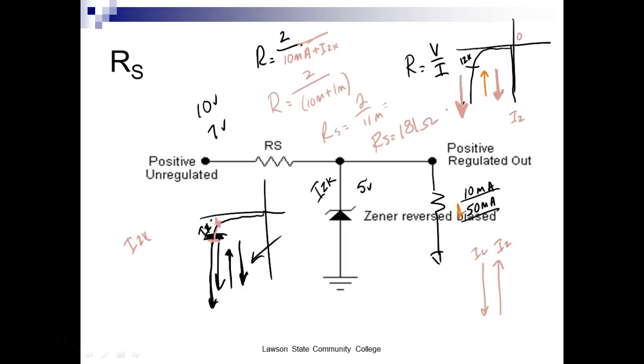Now the problem is there's no such thing as 180. Well, I could make a 180 ohm resistor. I'd go out and get a rheostat, or I could get a pot and wire it as that. Pots cost about $5 apiece. Resistors cost about cents apiece.